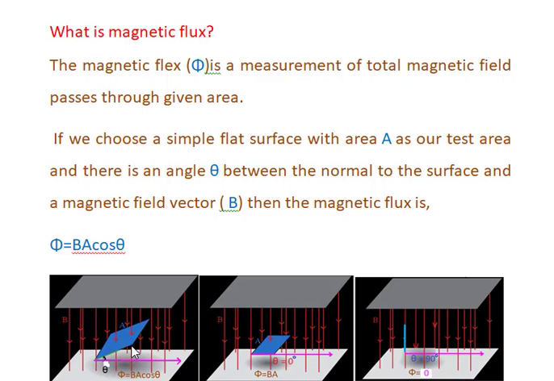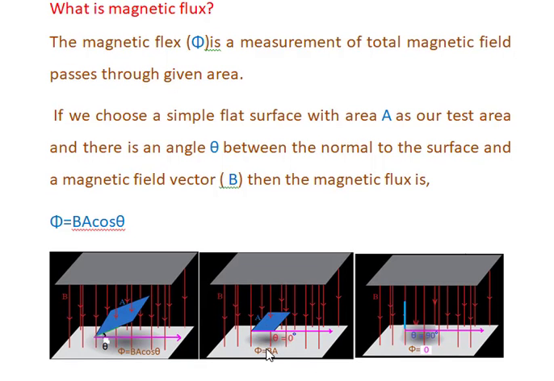So it produces a magnetic flux. The flux phi is equal to BA cos theta. Suppose the surface area and the magnetic surface area are parallel. So the angle between these two surfaces becomes 0, and the magnetic flux is equal to BA.